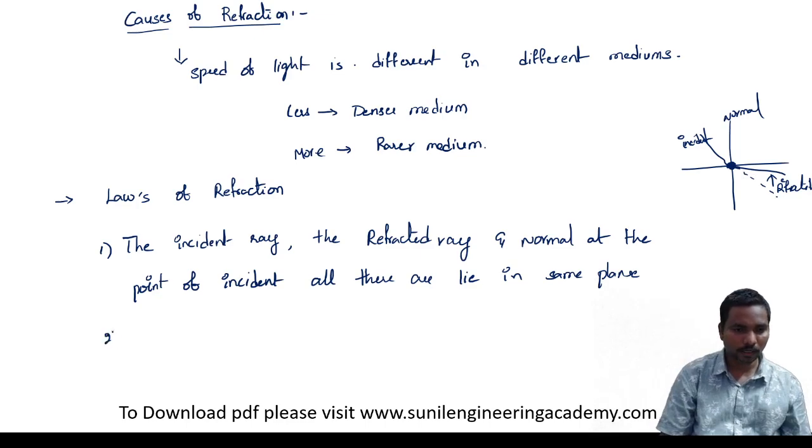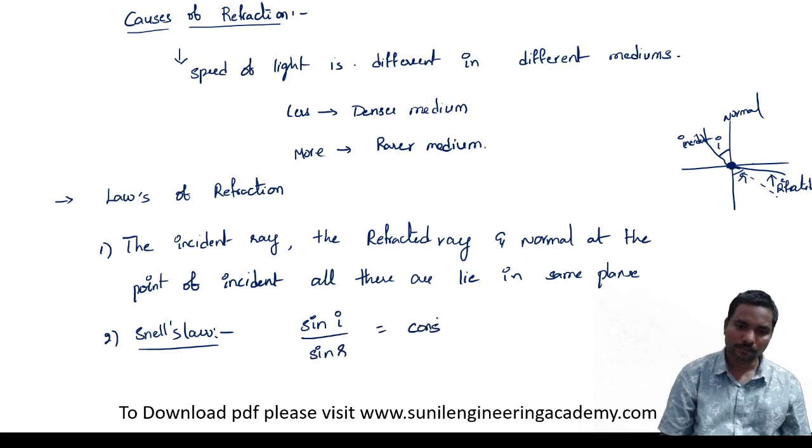And the second law is Snell's law. Okay, Snell's law is nothing but the ratio of sine of the angle of incidence, this is the incident ray, and this is the refracted ray. So sin i by sin r is equal to a constant. That constant is nothing but the refractive index, 2 with respect to 1.